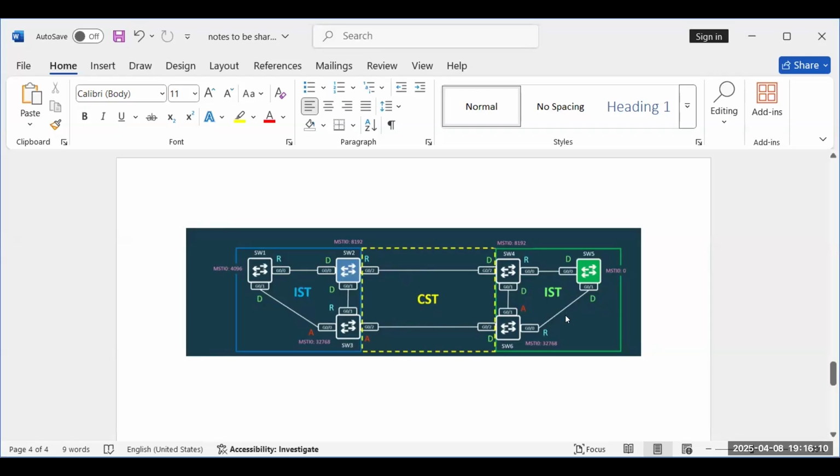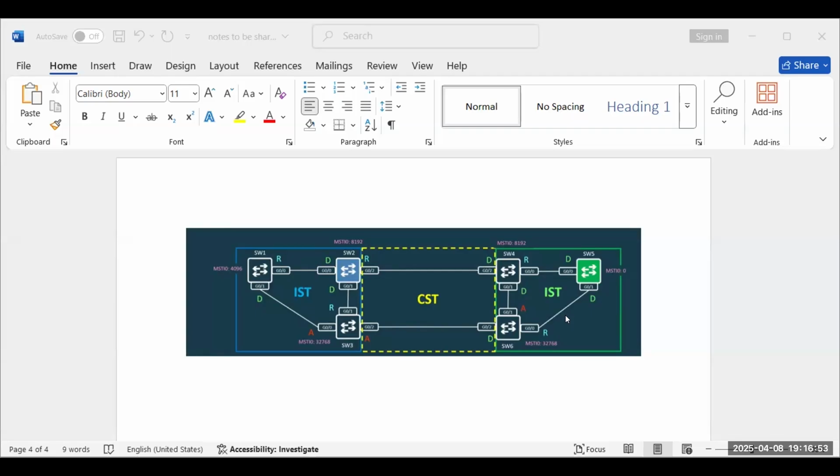So the CST regional root, the switch 5, is the CST regional root. This regional root has been defined. But in each of the regions, there should be a root bridge. Root bridge in the sense that it will be acting as an exit interface to the regional root switch, or like we said, the region itself is a logical switch.